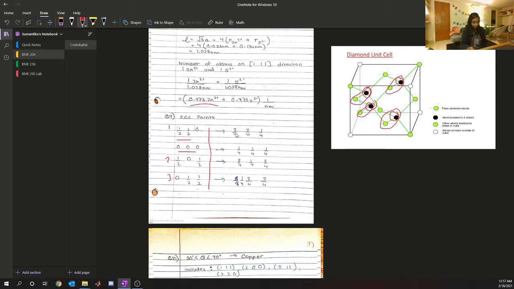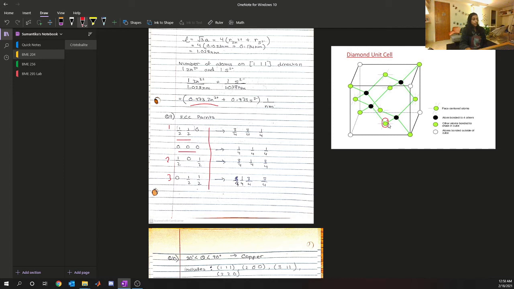So let's talk about the first. I'm going to undo all that so that we can clearly write it. So 1/2, 1/2, 0 is the one on, let's see, which plane that would be. 1/2 in the x direction and 1/2 in the y direction, which is right here. That's the first one.